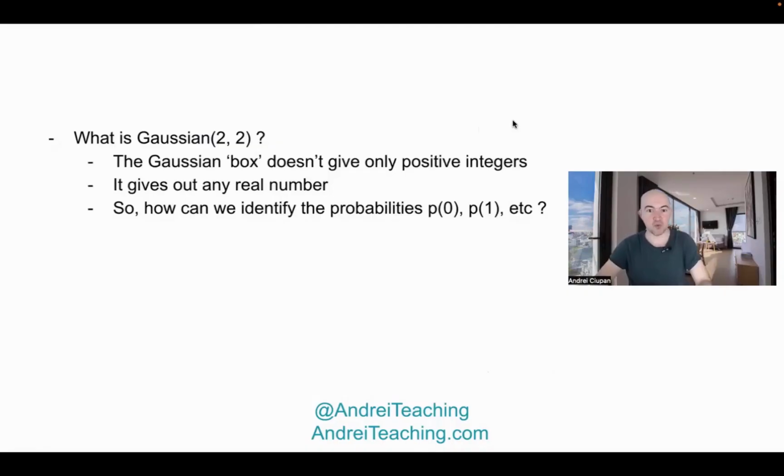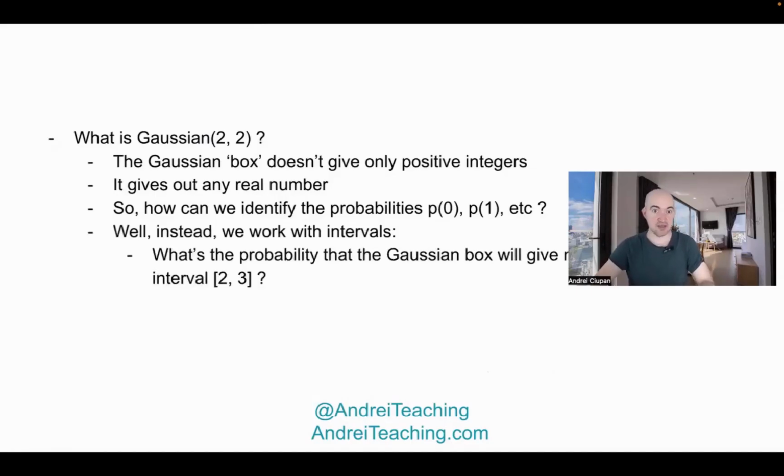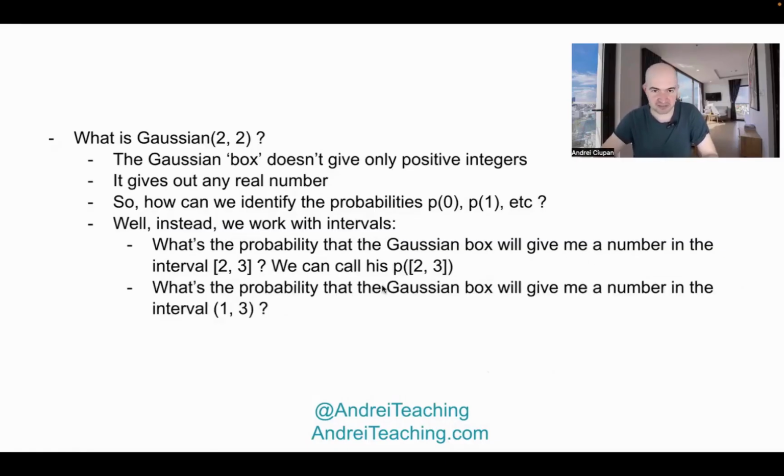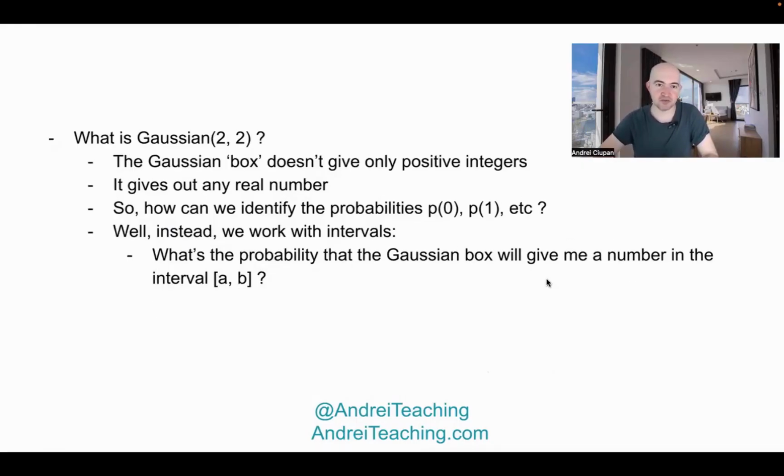So instead, we work with something slightly different. We work with intervals. So we ask, what's the probability that the Gaussian box will give me a number in a particular interval? The probability of receiving a number in the interval 2, 3, we can call this P of 2, 3. And we can apply this for general intervals, right? Like for this open interval 1, 3, we call this P of 1, 3, and so on.